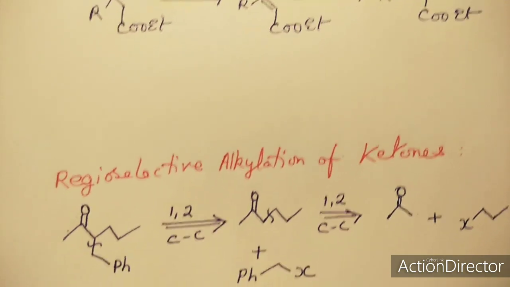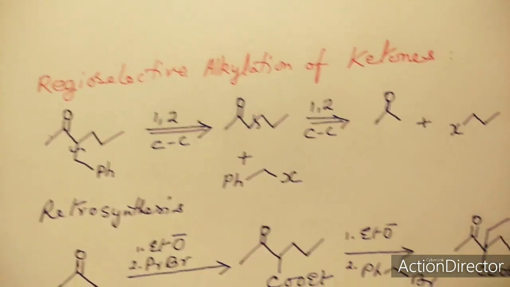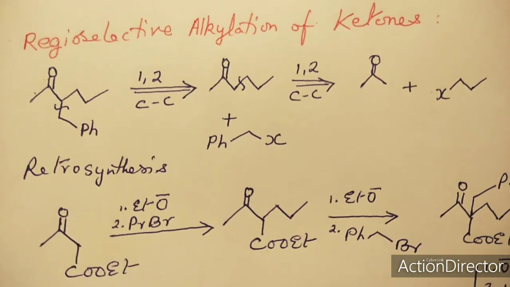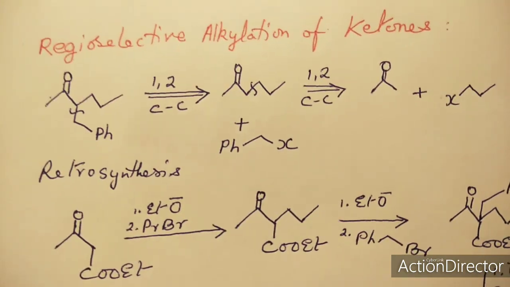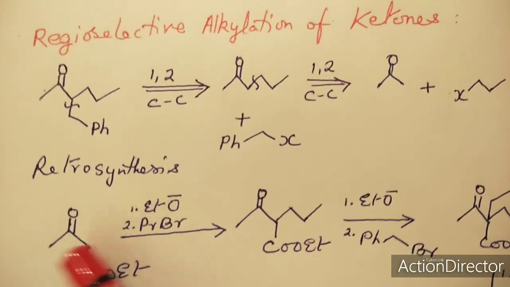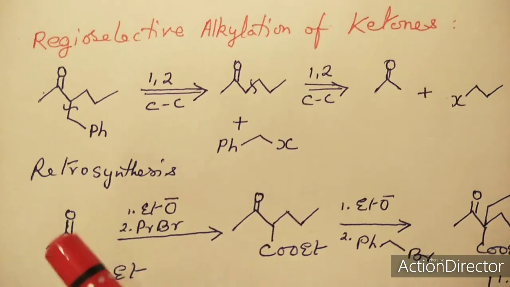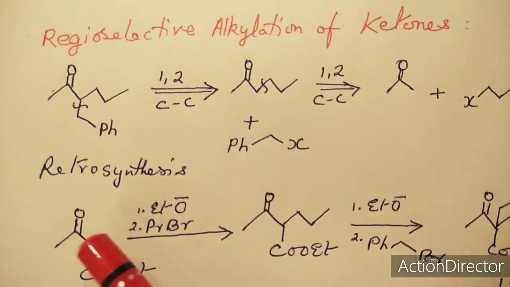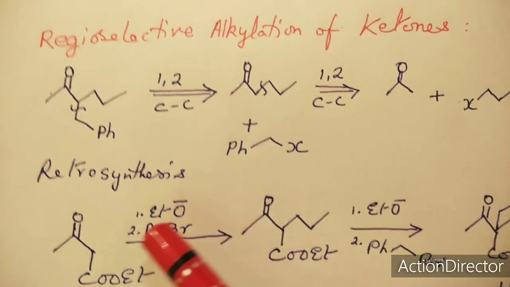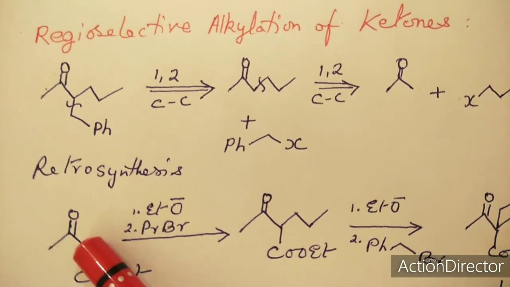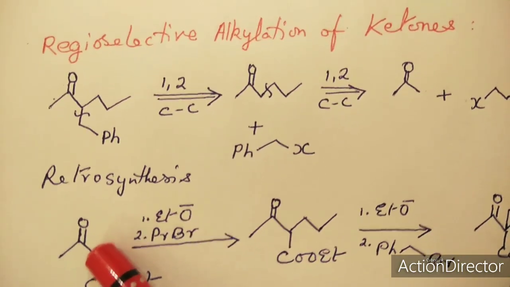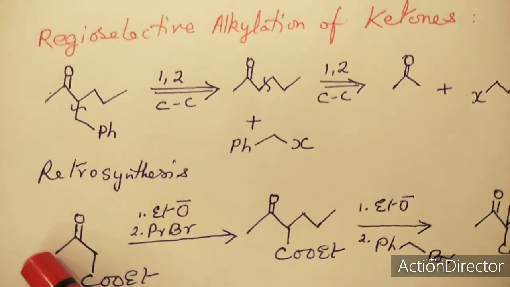Obviously, in order to form this target molecule, we will take this in a modified form. That is, we will initiate the reaction not by taking the simple ketone but by taking its activated form. So it is activated at this end. Hence, when it reacts further in the presence of a base, the carbanion will be formed from this portion of the functional group rather than this.